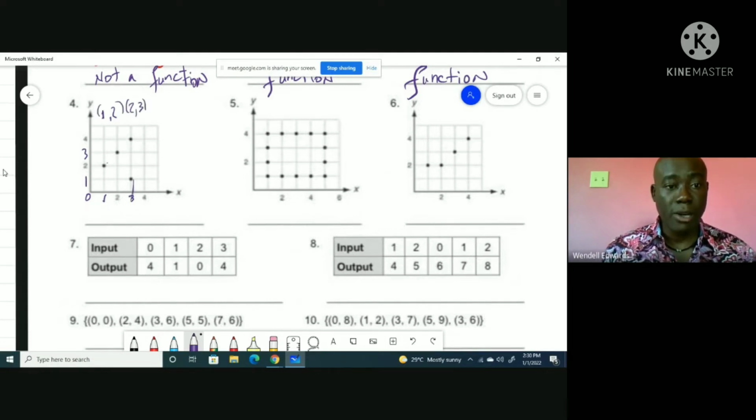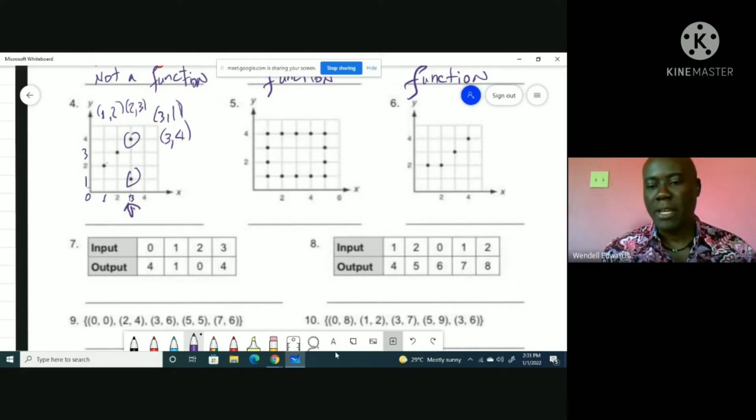And we're seeing here now, this is the issue. Because if you look carefully at this, we're seeing that 3 linked 1 here. And that same 3 linked 4. This is the problem. The problem is that this number 3 linked too many things.